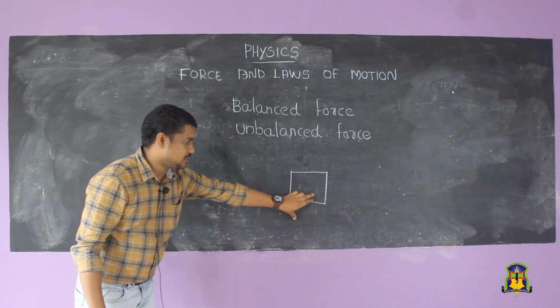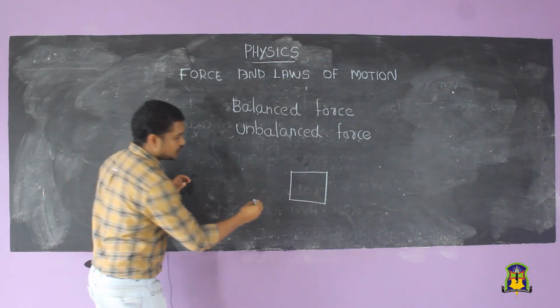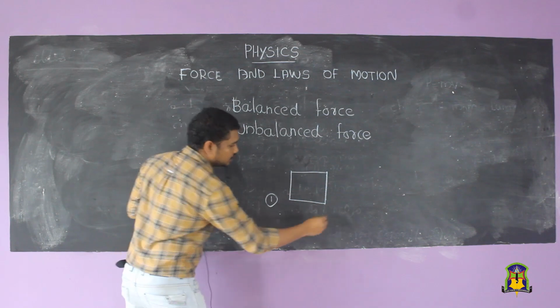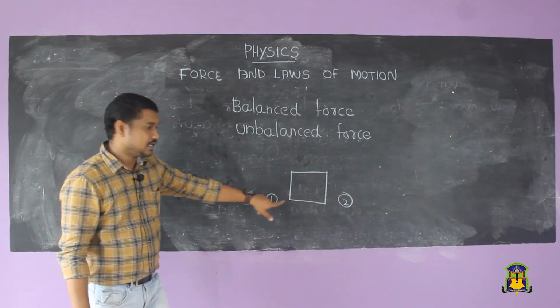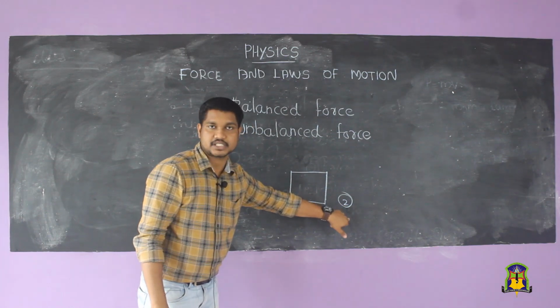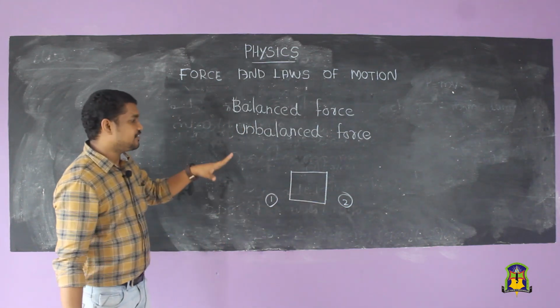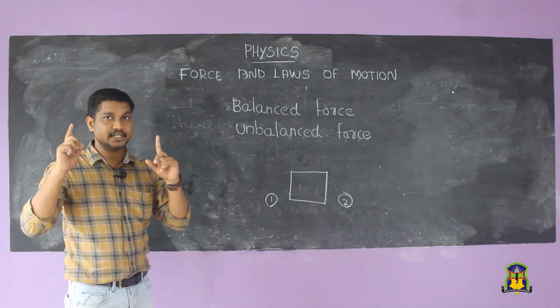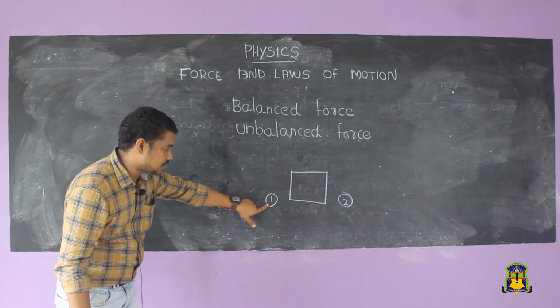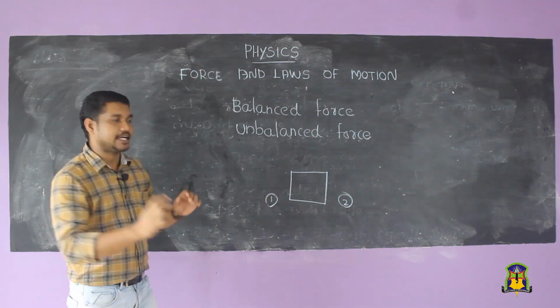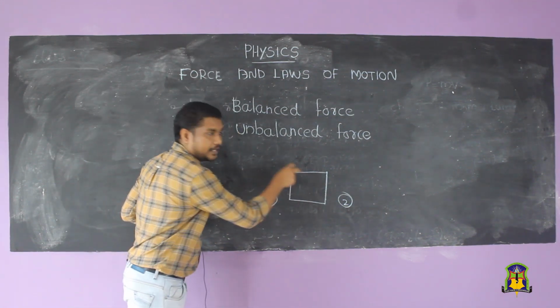Clear? So here there is a box, and now I am giving a number 1, 2. Imagine that here one person is standing, here also another person is standing. Okay. And in the first case, imagine, then only it will be clear. So imagine the first person applied a certain amount of force to the box.